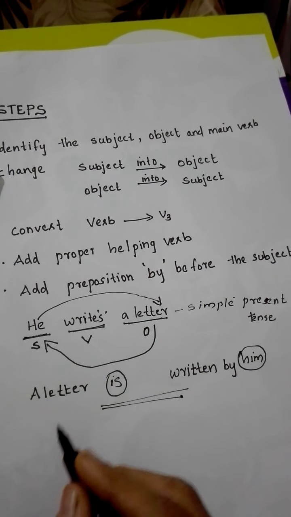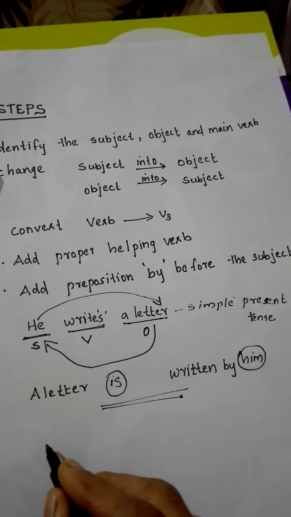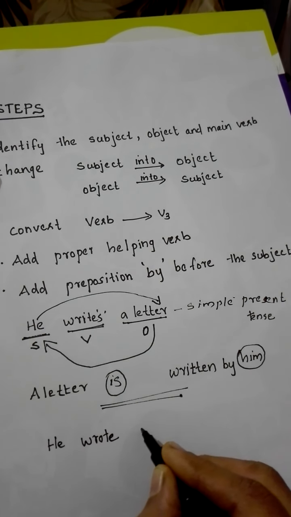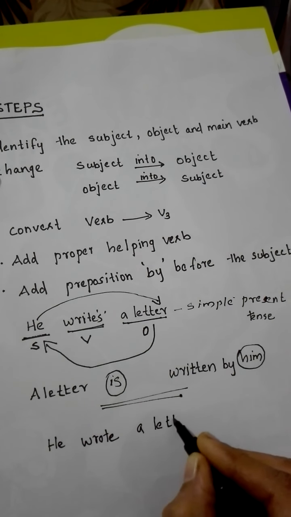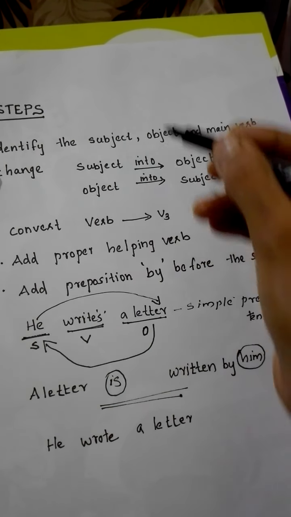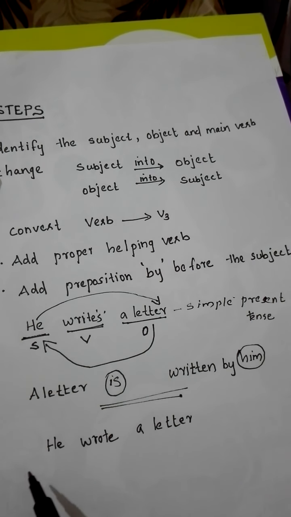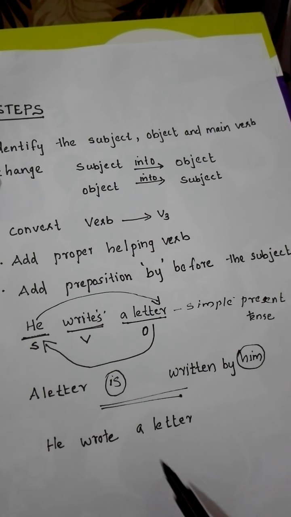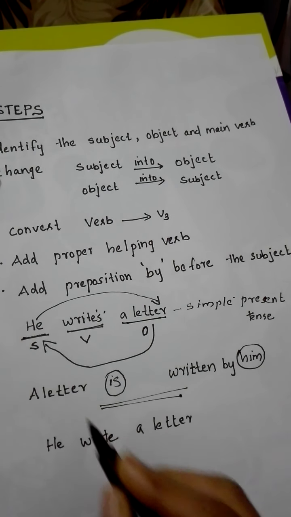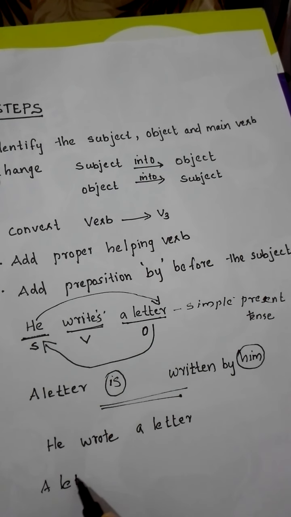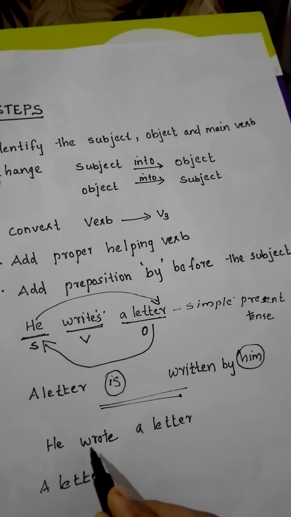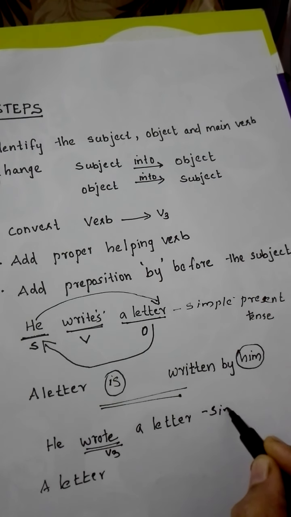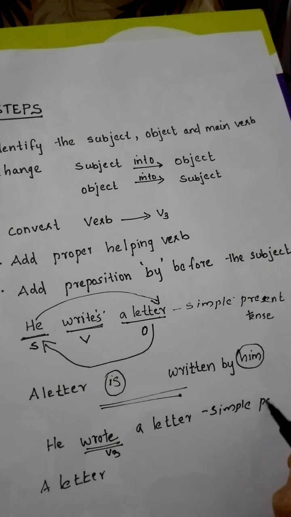Suppose this sentence is in the simple past tense: he wrote a letter. How can we change this? Use these steps and change this into passive voice. And how we can use the helping verb, I am telling you. Okay, so here just the same, a letter. This is in the V2 form, means this sentence is in the simple past tense, right?